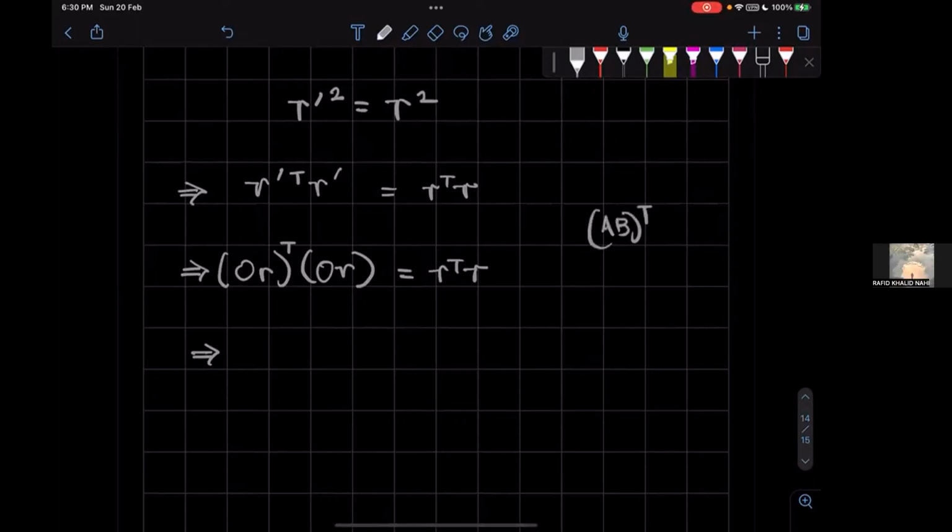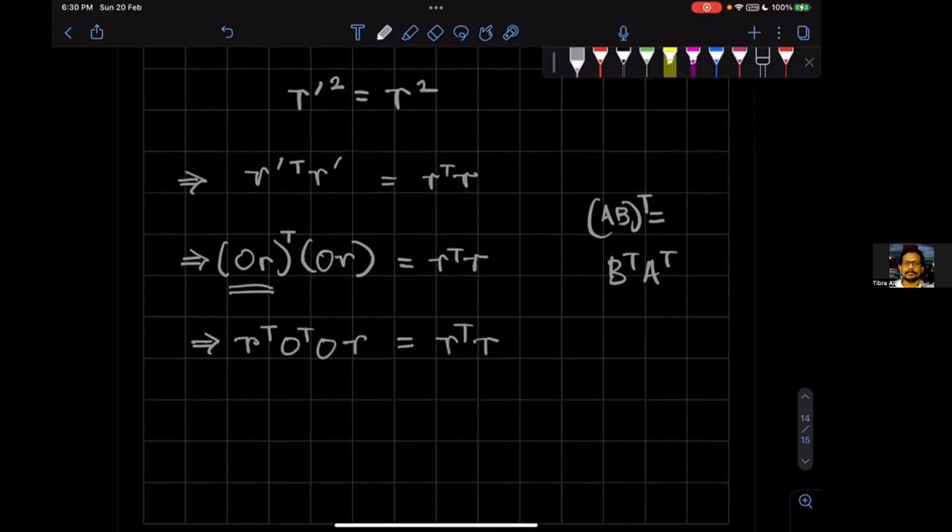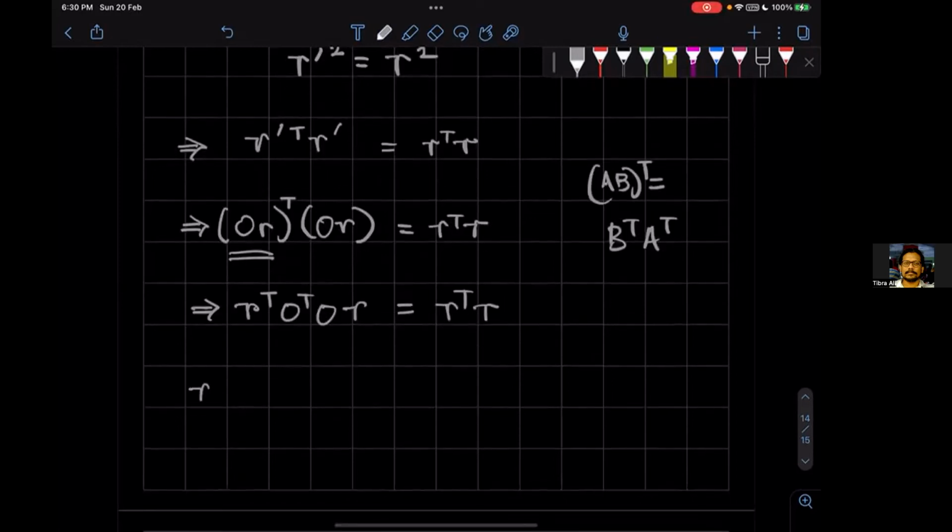The order changes and each matrix is transposed. So we can write this as R transpose O transpose O R, and on the right it's R transpose R. But R is an arbitrary position vector.